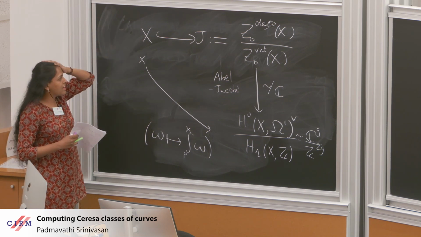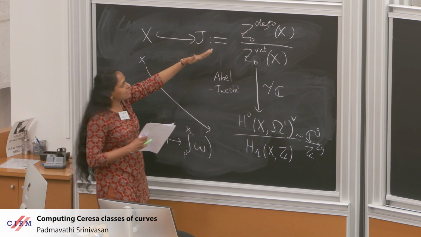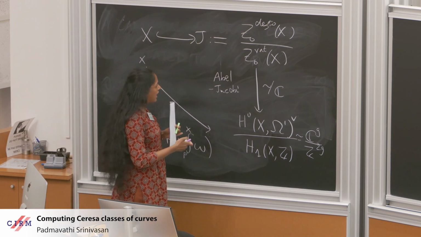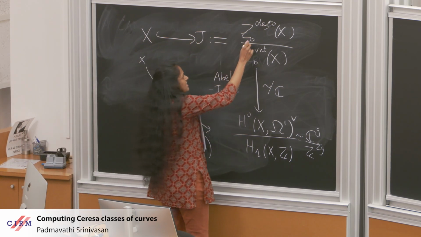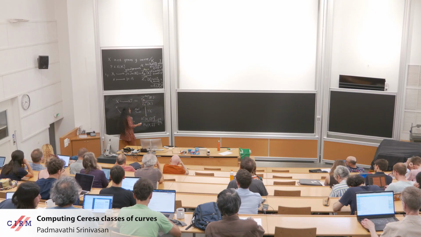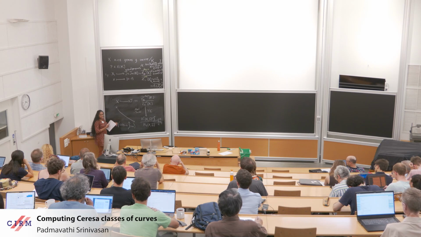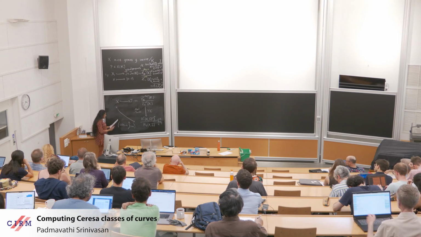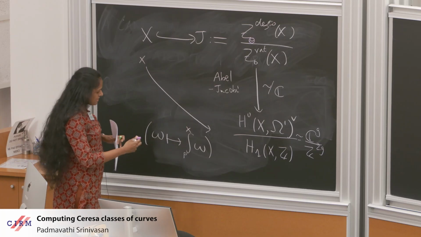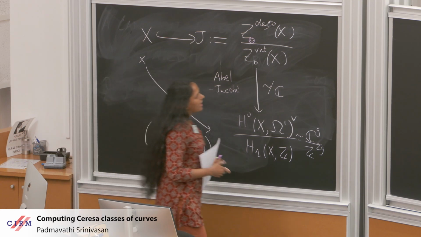We are trying to understand zero-dimensional cycles on a curve, and the Abel-Jacobi theorem tells us that this is actually a quite manageable group. It's concretely C to the g mod a lattice.